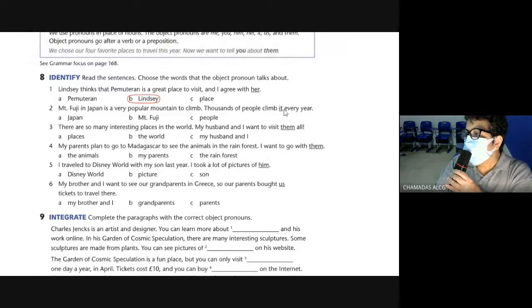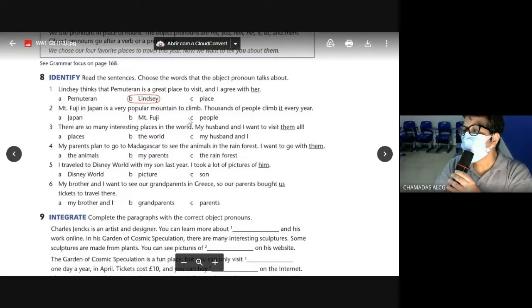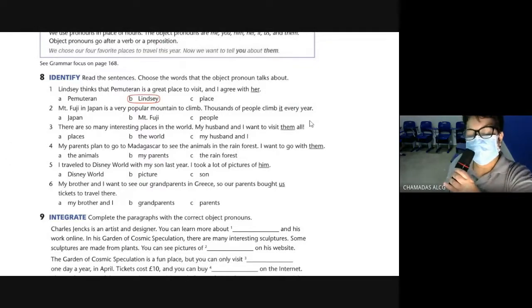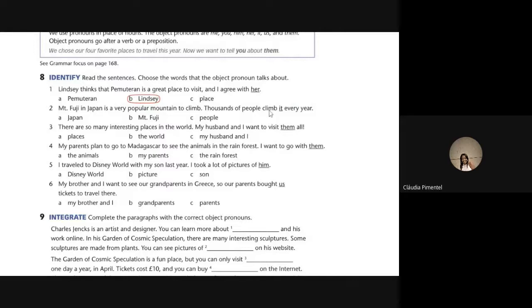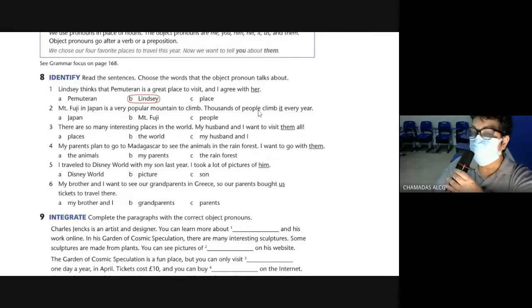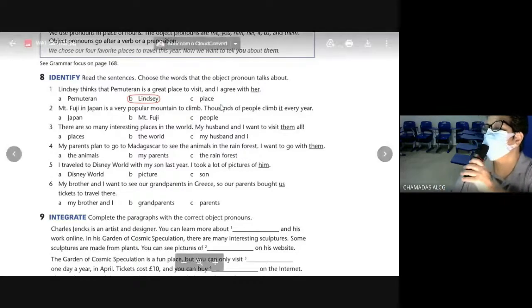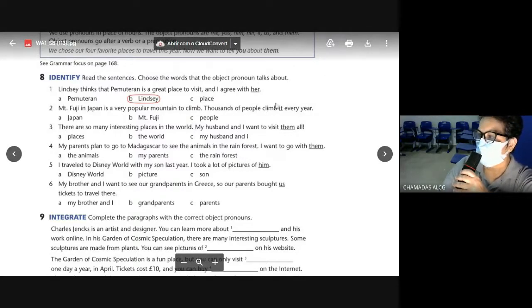So it refers to A, B, or C. Look, thousands of people climb it every year. So people climb Japan. Thousands of people climb Japan.